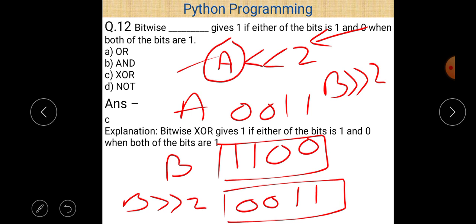So these are the left shift and right shift operators. Or we can say that if any number is shifted to its left by a certain number of places, and again it is shifted to its right by that same number of places, then we get the original number.